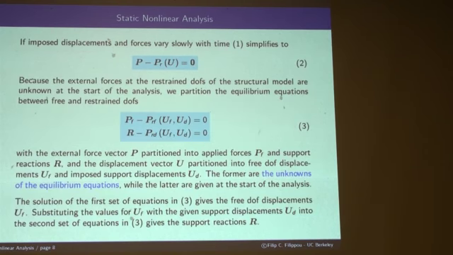But if the displacements and the forces vary slowly with time, then equation 1 simplifies to a relatively simple set of equations, which forms the basis of all the solution strategies, including nonlinear dynamic response. Because in a nonlinear dynamic response, you discretize in time. You are left with a set of equations to be solved at any instant in time. And those equations have a look that is not quite as simple as this, but relatively similar.